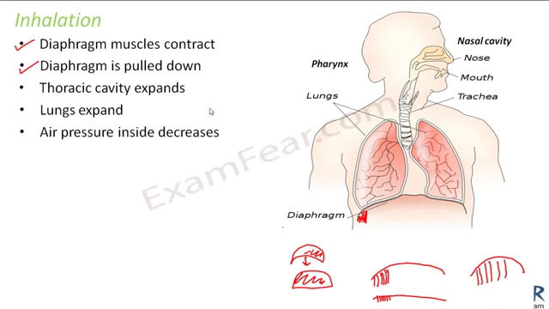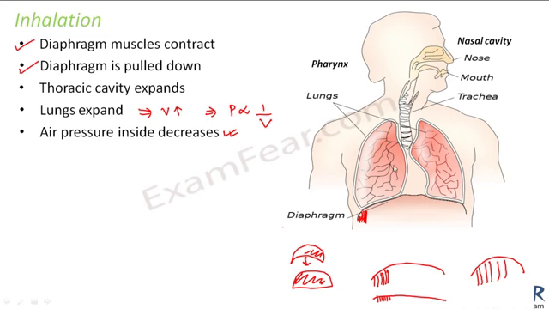Now when the lungs expand, it means the volume inside the lungs increases. So the volume increases. Now we know that pressure is inversely proportional to volume, right? We always know since the beginning that the product of pressure and volume is always constant. So if the volume increases, the pressure decreases. Now when the lungs expand, the volume increases and as a result the air pressure inside will decrease. So now what happened?